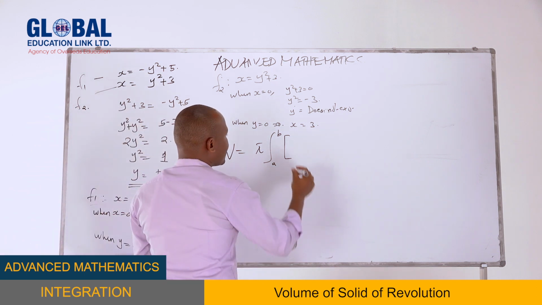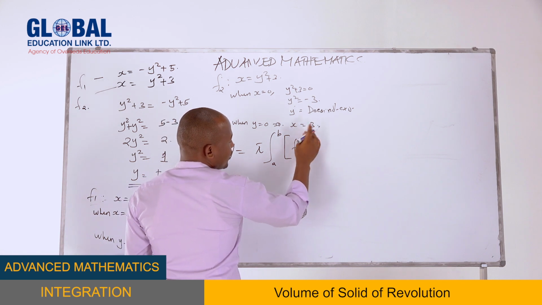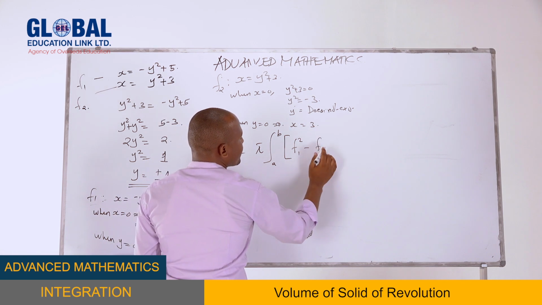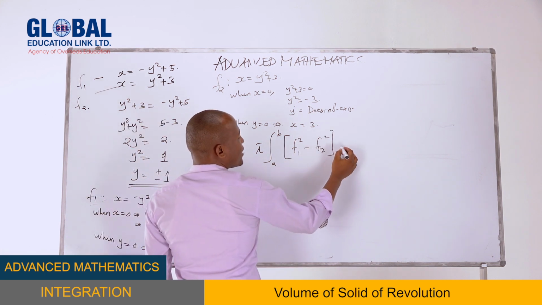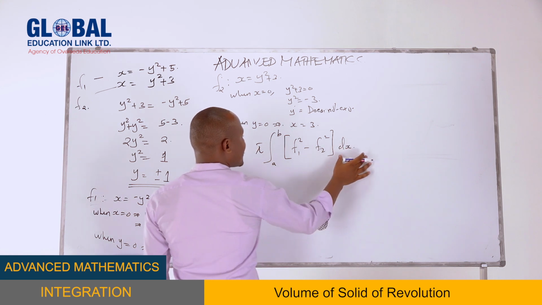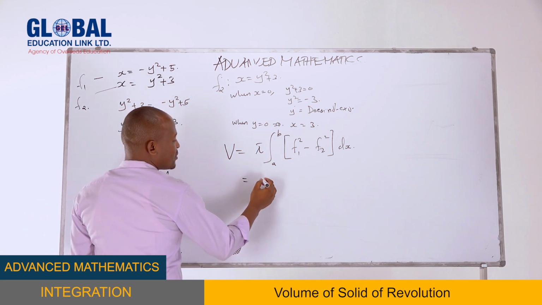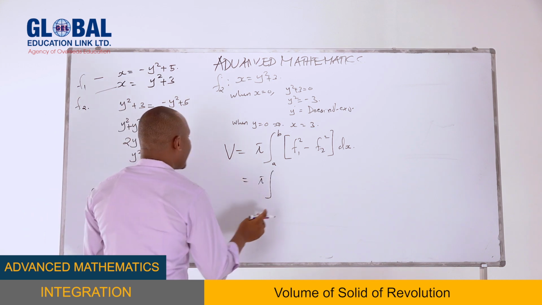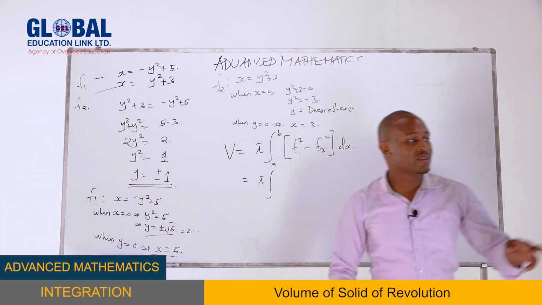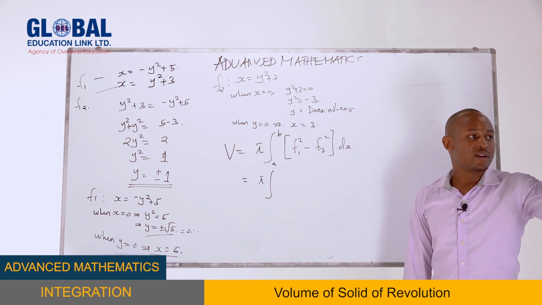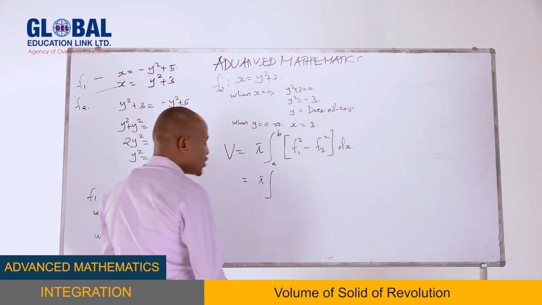And now let's see, that means the first one squared, minus the second one squared, and then times dx, that will be the volume. Now let's do it. That means it's pi. Our limits, as we have seen from the sketch, if you look carefully, will be from -1 to +1. And our graphs are in a very good form, so we don't need to change anything.